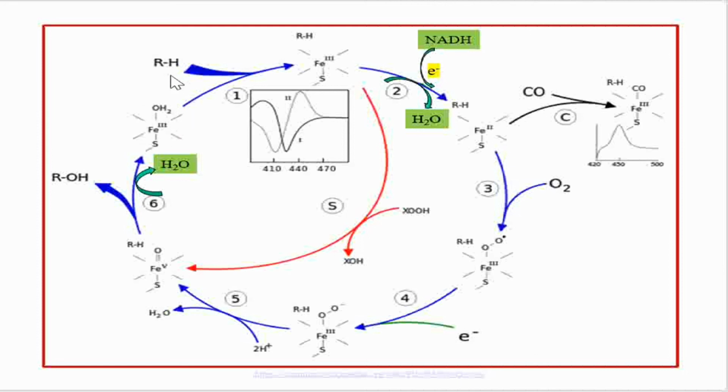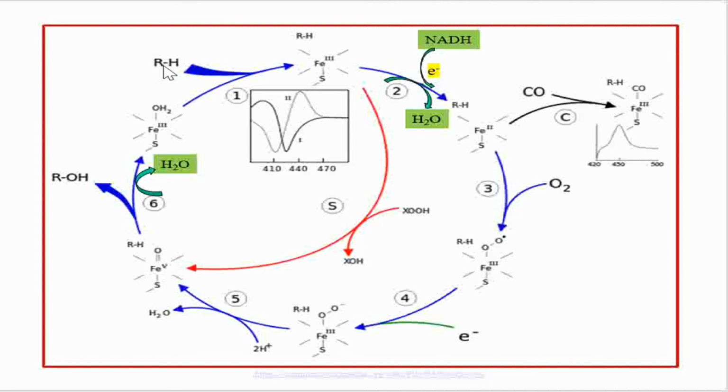In this state, it can also bind any organic substrate. So it can easily bind an oxygen molecule, or it can bind any organic substrate. Now you can see that this resting state can activate the addition of the organic substrate or organic molecule.